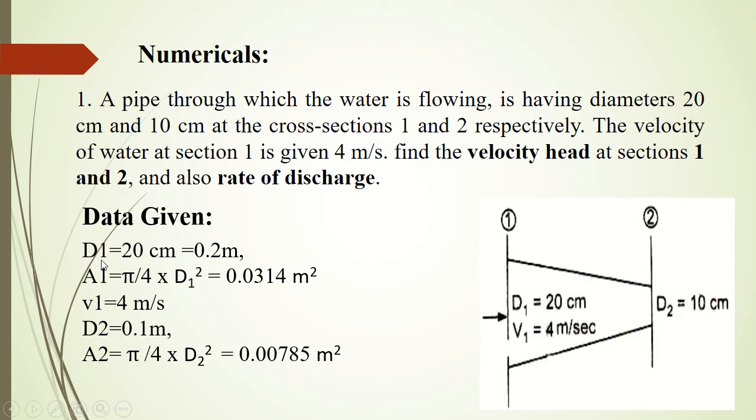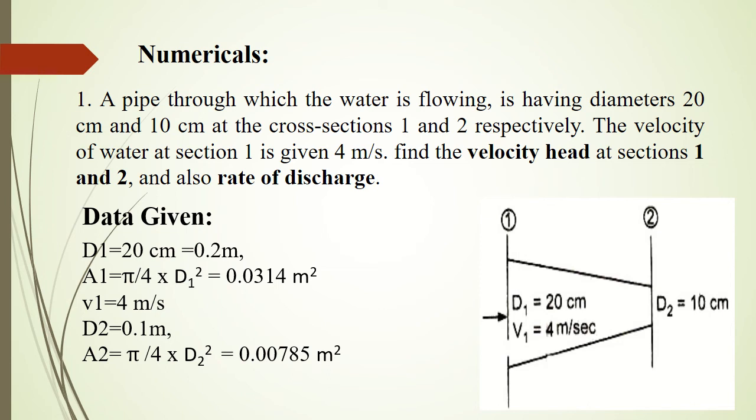So in the data, d1 is given as 20 centimeter, so it is going to be 0.2 meter. Because it is a cross sectional area, it becomes A1. So here d1 is 0.2, so area is pi by 4 d1 square, which turns out to be 0.0314 meter square.